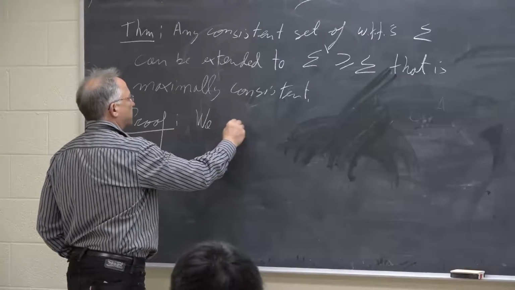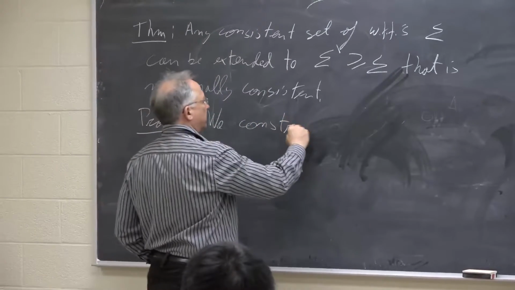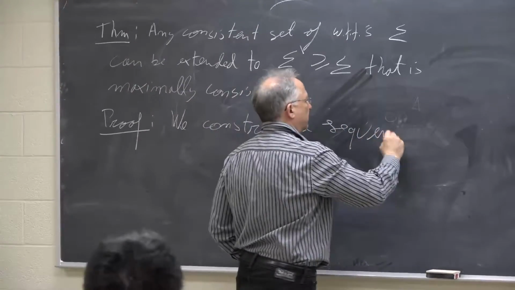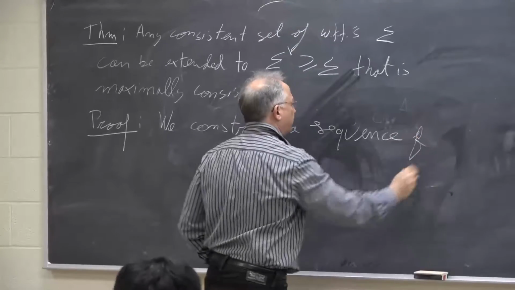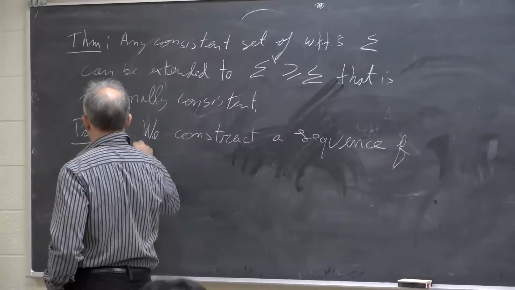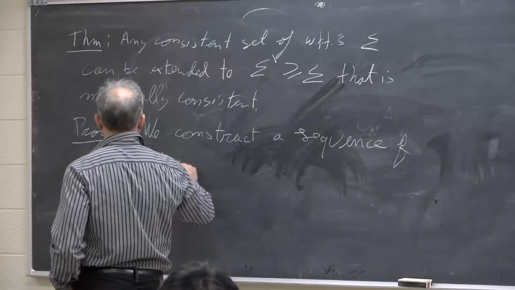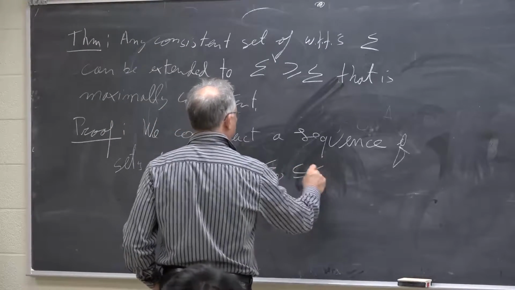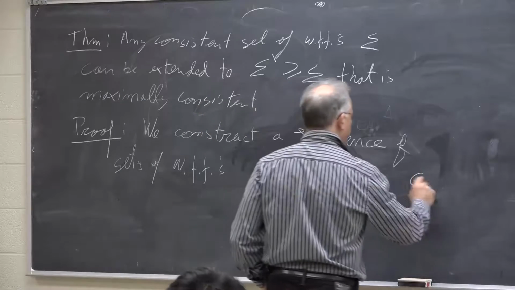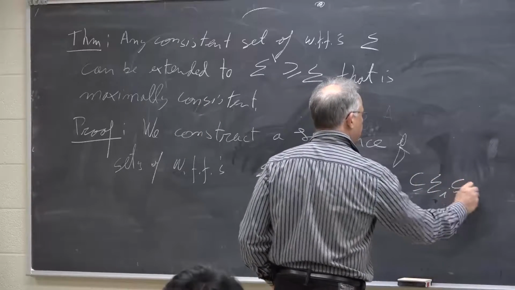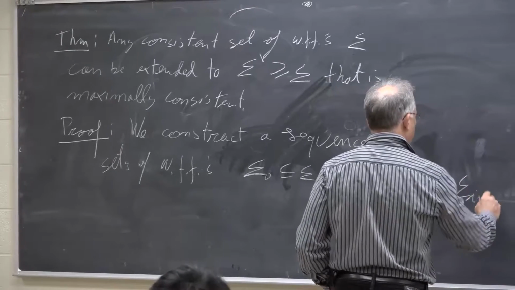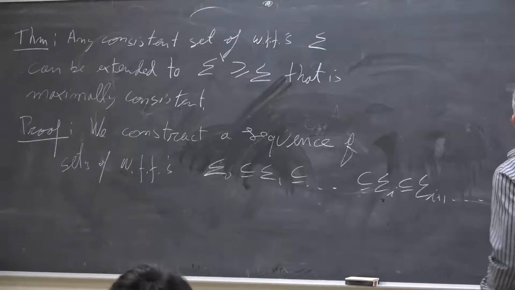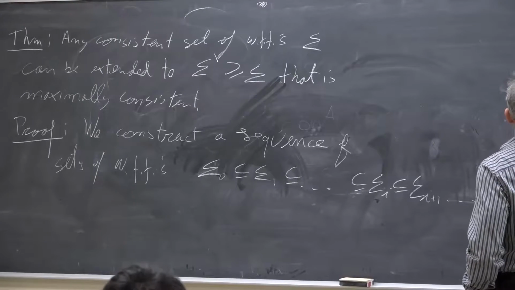We construct a sequence of sets of WFFs, sigma 0, subset of sigma 1, and so on, subset of sigma I, which is a subset of sigma I plus 1, for all I, such that we satisfy the following requirements.